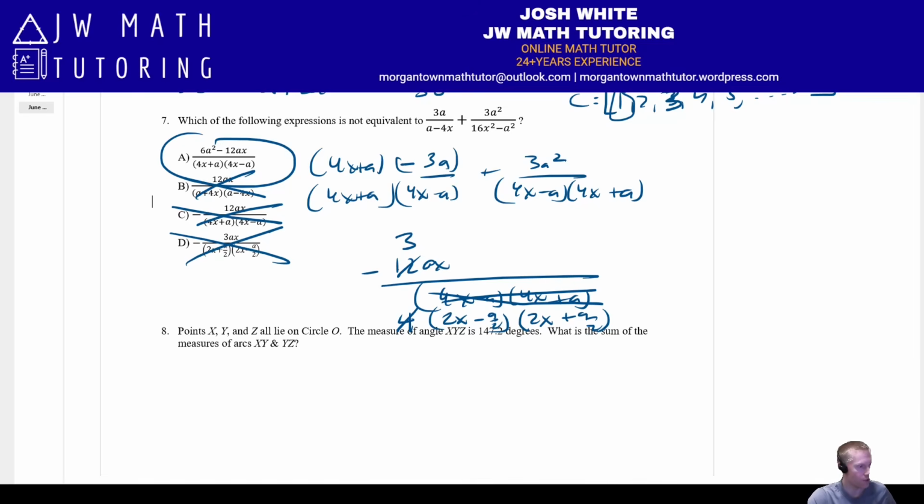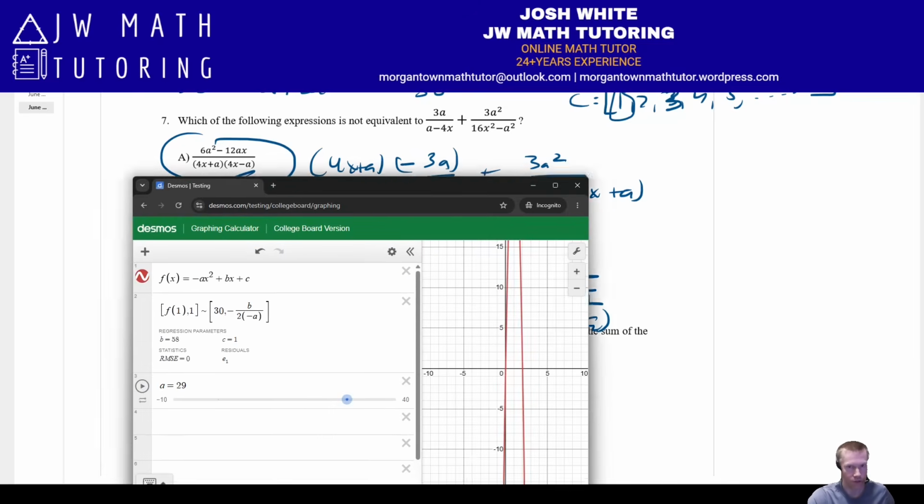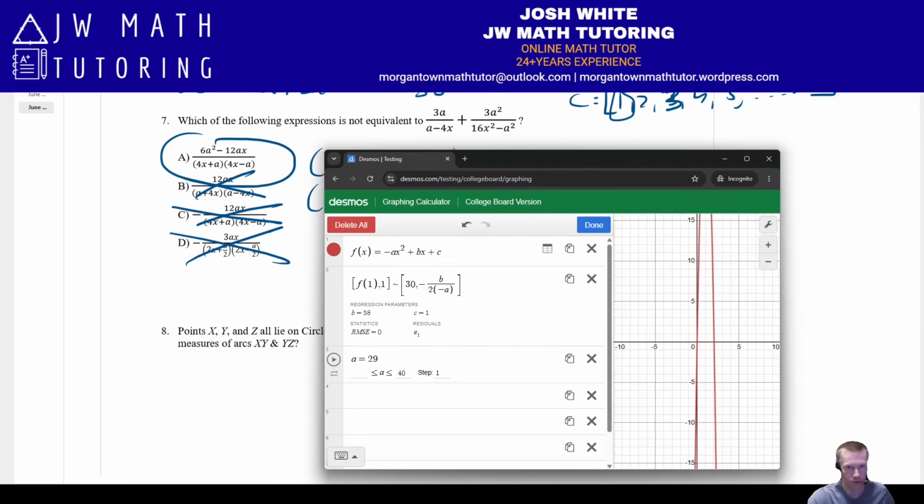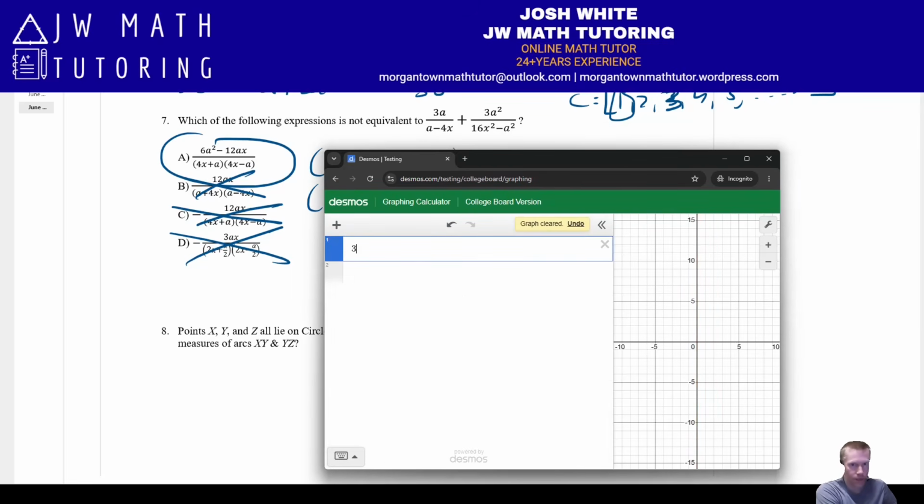Now, just to show you, of course, if you wanted to do this in Desmos, easiest way is to just look for overlapping functions.